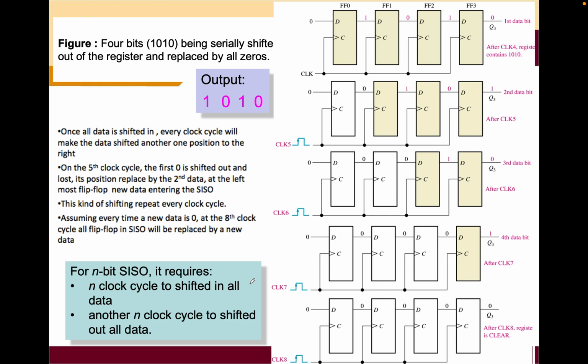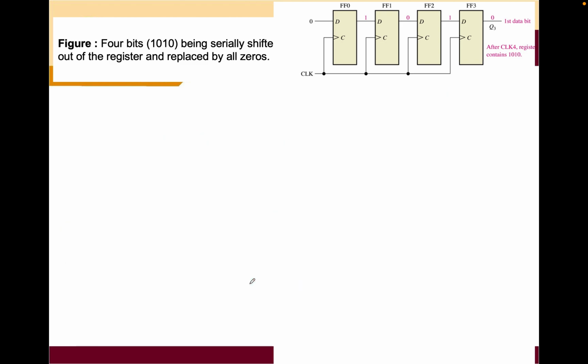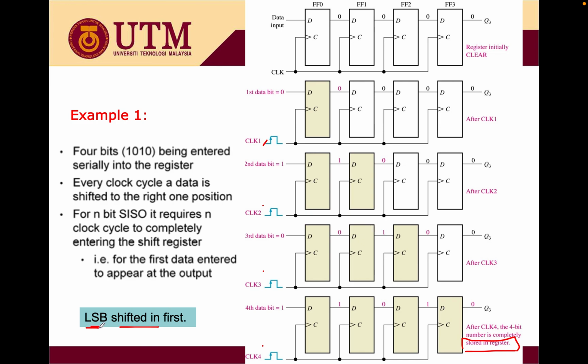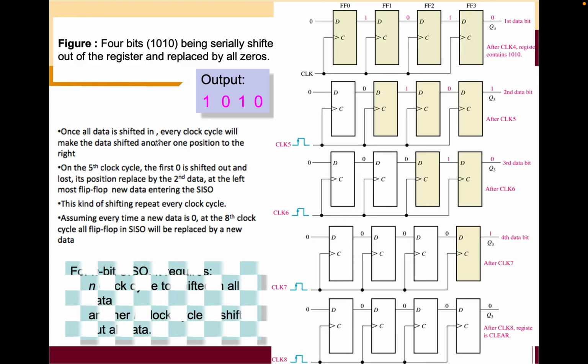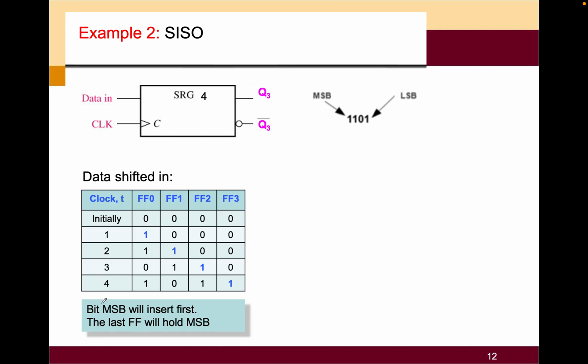Compared to just now, it mentions that you need to shift the LSB in first. Enter your serial into the register. So you're going to enter this LSB first. So when your question asks you to insert the MSB first, then you're going to go for your MSB, the data in and the data out.